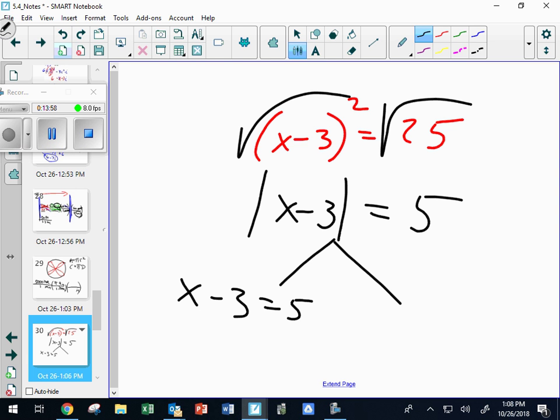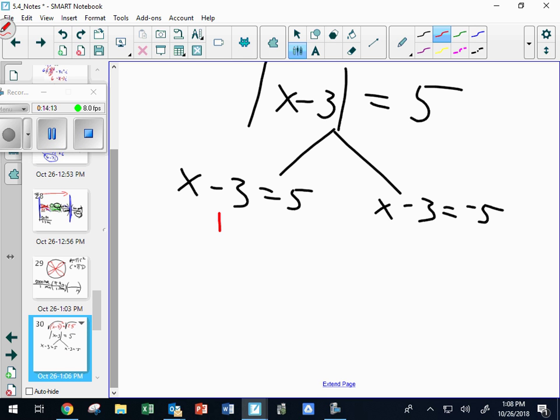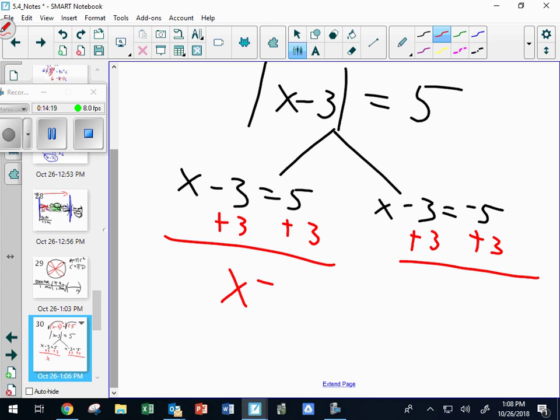Then the other side of the equation, which is strikingly similar to this one. X minus 3 equals what? Negative 5. Then, what's the last thing to get that solved? So x is alone. X equals 8. X equals negative 2.